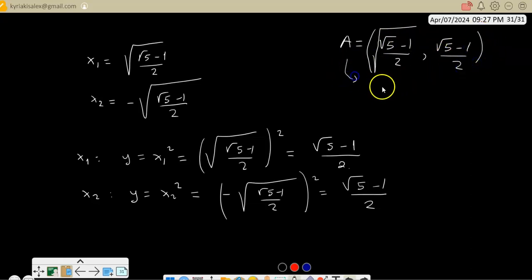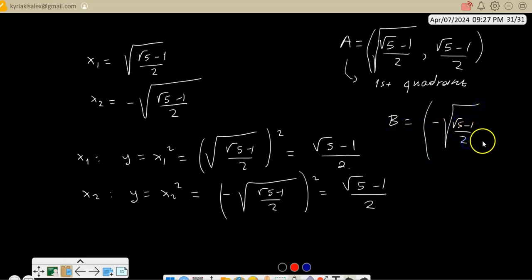This point is in the first quadrant of the Cartesian coordinate system. And B, the other point, is minus the square root of square root of 5 minus 1 divided by 2, and square root of 5 minus 1 divided by 2, and this is located in the second quadrant.